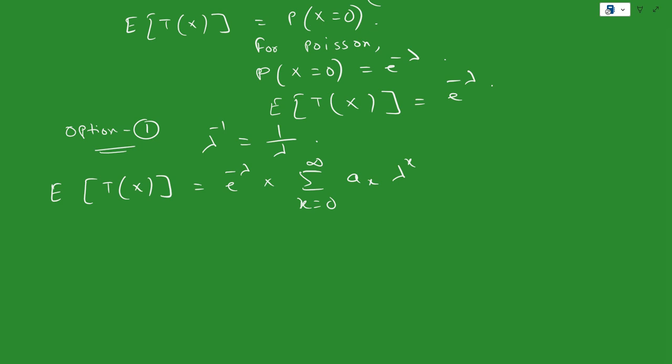This expression is always well behaved near lambda equal to 0 because it is formed from non-negative powers of lambda. But 1 by lambda has a singularity at lambda equal to 0. It blows up to infinity. So it cannot be represented in the required form. Hence, lambda inverse is not estimable.